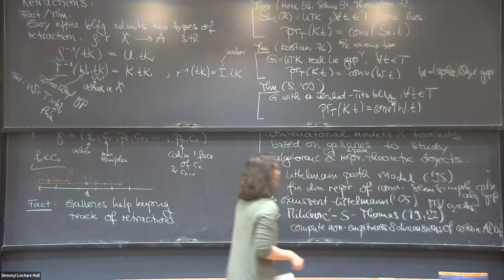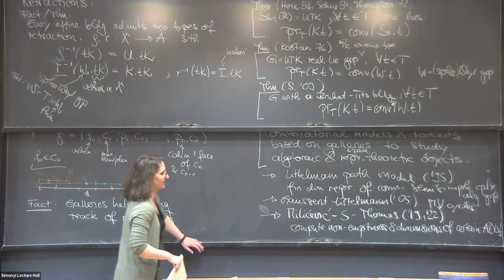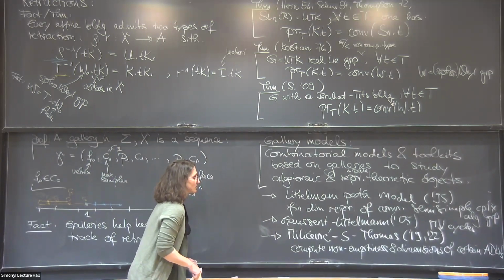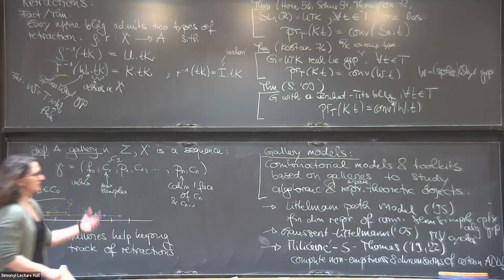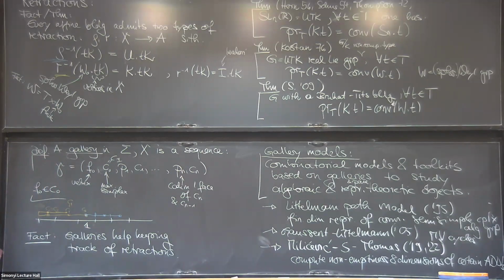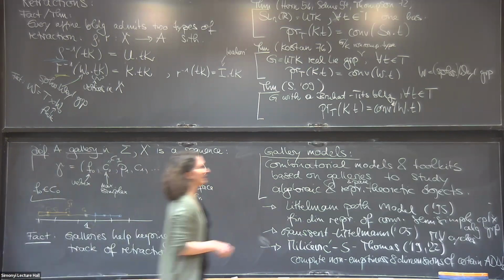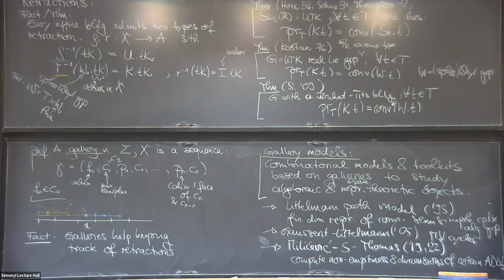These are varieties attached to the affine flag variety, notoriously complicated to understand, and we use gallery models and geometry of buildings to study them. In order to do that, we needed more general retractions.